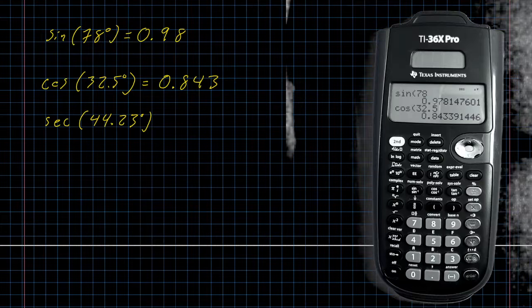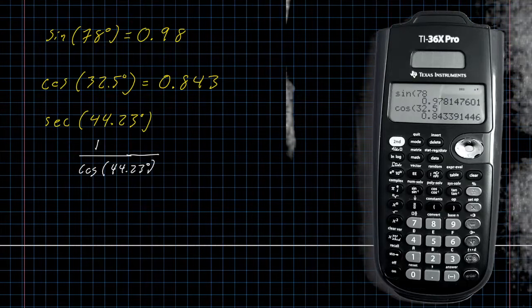And then I have the secant of 44.23 degrees. Now remember from the table that we were talking about, secant is hypotenuse over adjacent, which is the reciprocal of adjacent over hypotenuse. So secant of 44.23 degrees is 1 over cosine of 44.23 degrees.